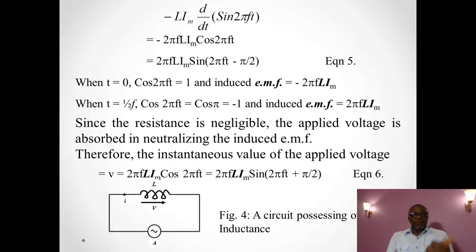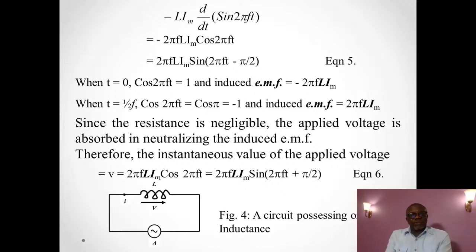Now, when t is equal to 0, cos 2 pi ft will be equal to 1. Induced EMF will be minus 2 pi fLIm when t is equal to 0. Very important to note this.